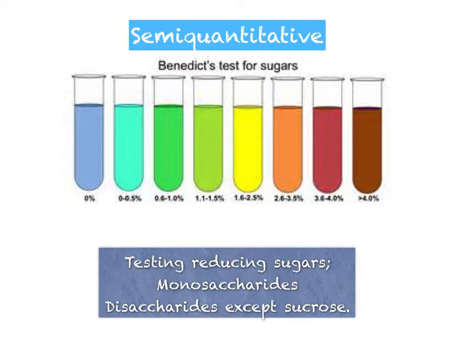That's how we check for their presence, by having Benedict's reagent heated with the dissolved sugar for some time, and the color will be changing. It's also semi-quantitative, so according to the color you might estimate how much sugar is there.